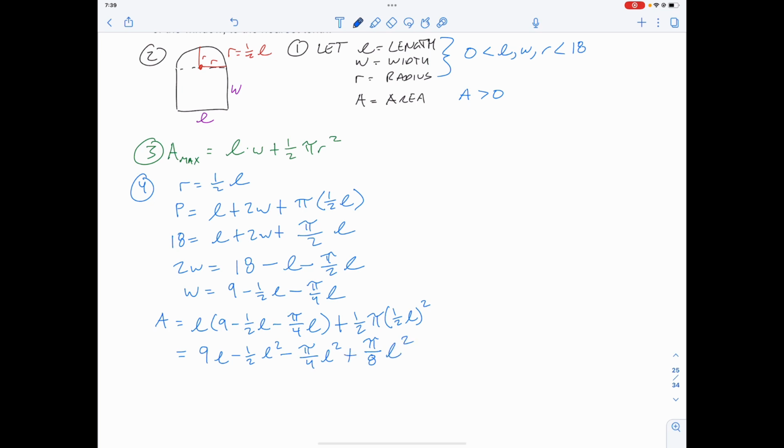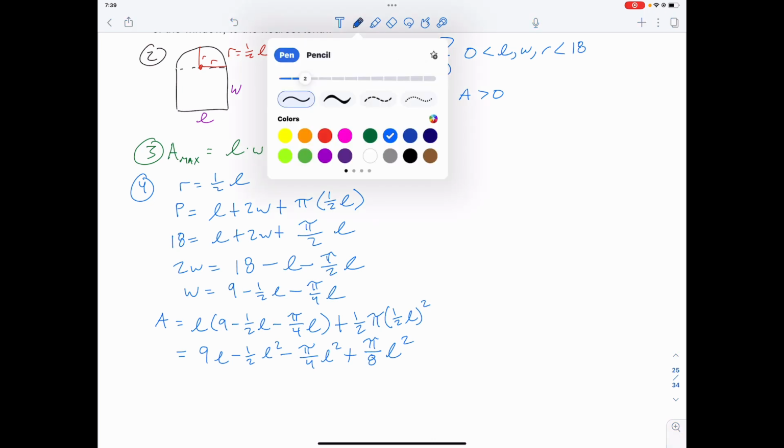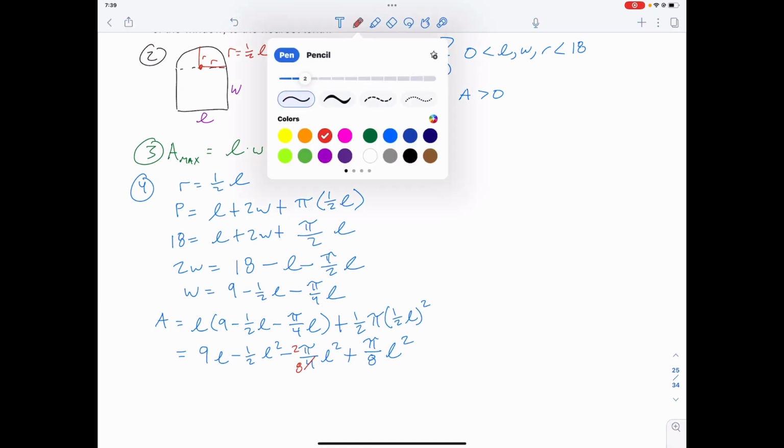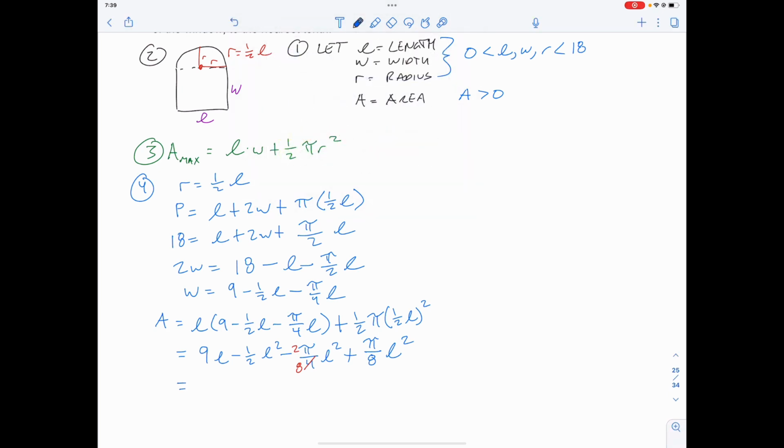And I'm still going to have that L squared. Well, both these terms have the pi and the L squared, so to make my life a little bit easier later, I'm just going to combine them. I'm going to multiply the denominator here by 2 and the numerator here by 2, so I can combine those two terms. And I'm going to get 9L minus 1/2 L squared minus pi over 8 L squared when I combine those two terms.